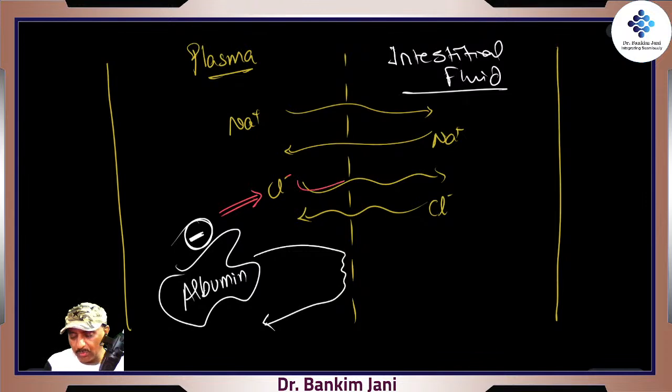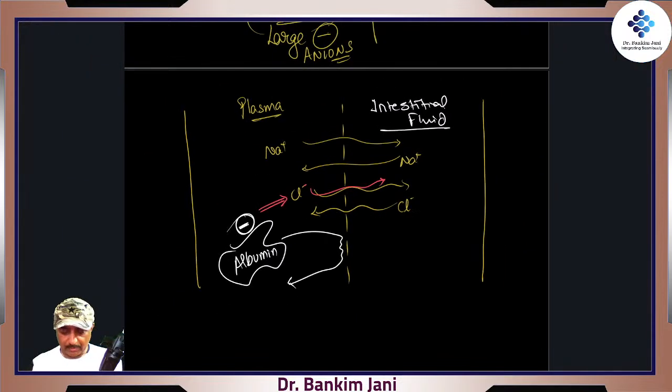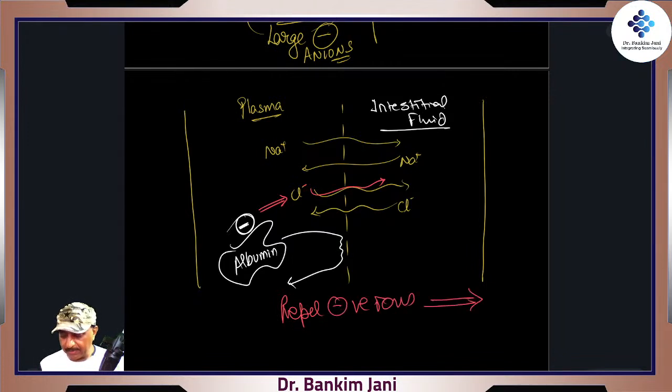So it will throw the chloride on the opposite side, because he is big and he is negative. So he'll repel negative ions to the opposite side.